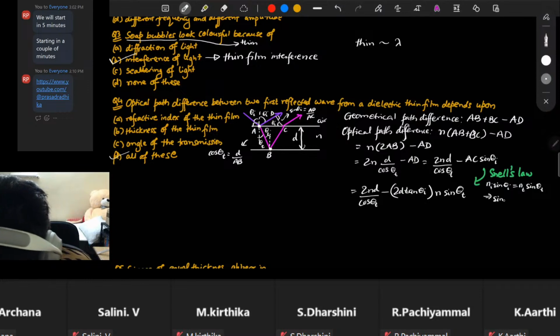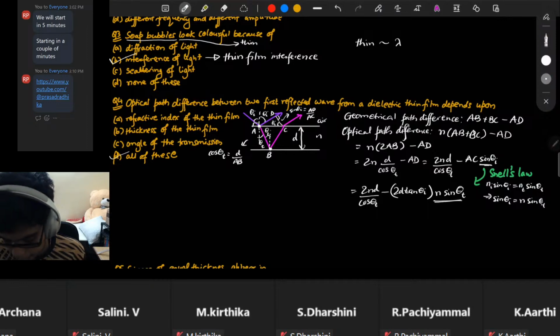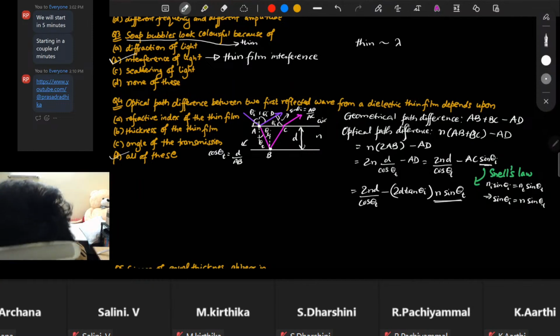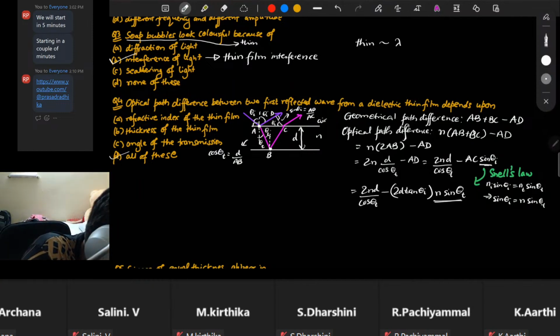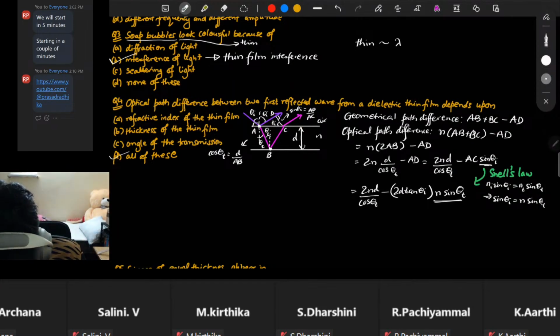So we get sin theta I, and for the transmitted medium it is N sin theta T. So that's why we replace sin theta I by N sin theta T, and AC we replace by 2D tan theta T. Sorry, not tan theta I, it is 2D tan theta T.